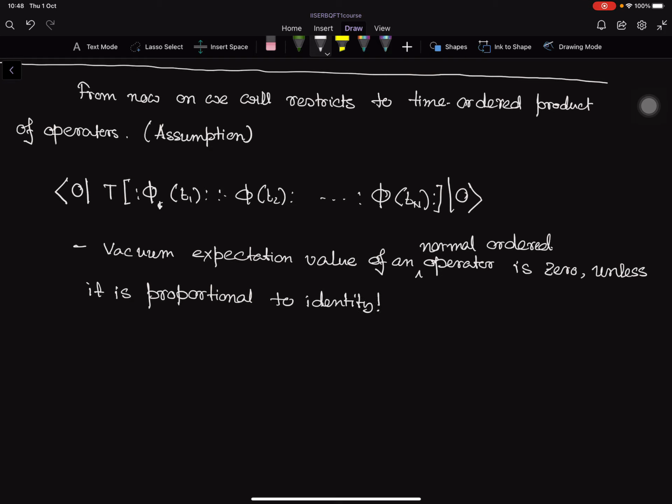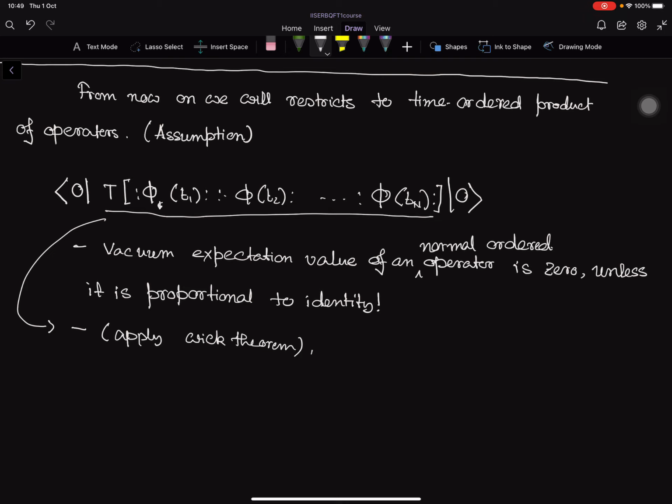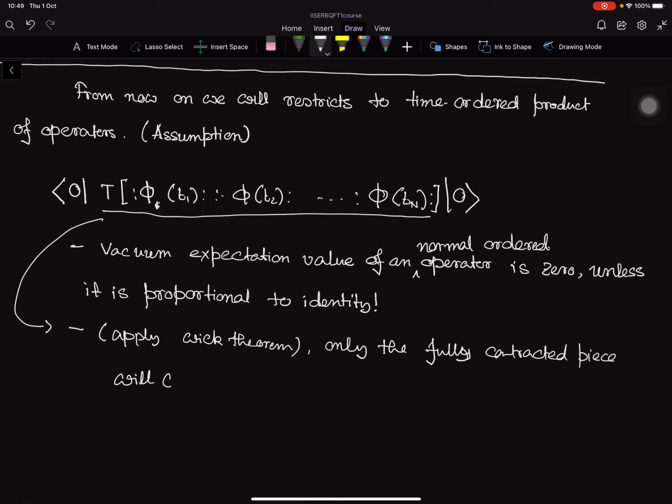Which means that if I now use Wick's theorem for this, then only the fully contracted terms will contribute. Okay.